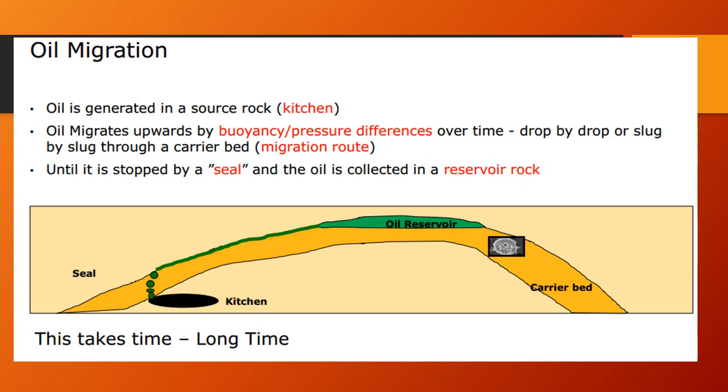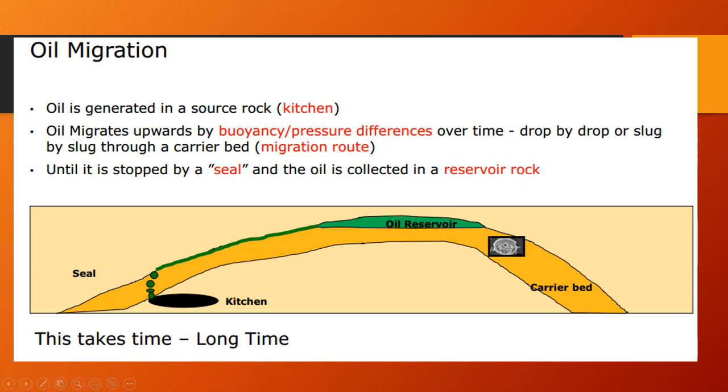Oil migrates upwards because of buoyancy over time, either drop by drop or slug by slug, through a carrier bed. And the carrier bed is illustrated with this green line by the migration route.